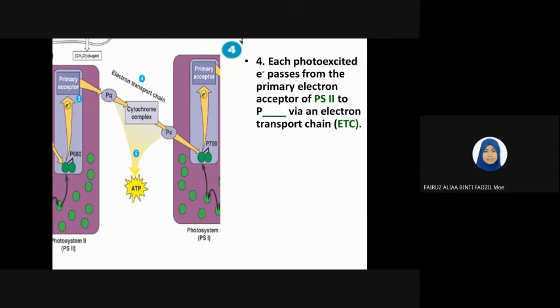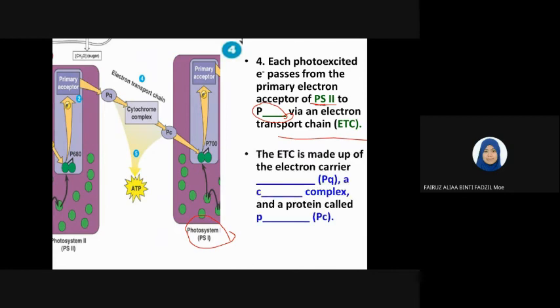The photoexcited electron passes from the primary electron acceptor of PS2 to PS1 via the ETC. Okay, the ETC is made up of the electron carriers plastoquinone, a cytochrome complex, and a protein called plastocyanin.